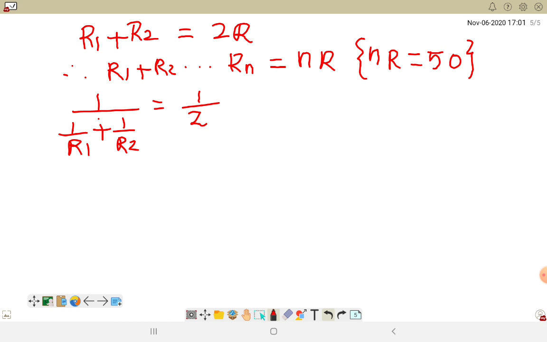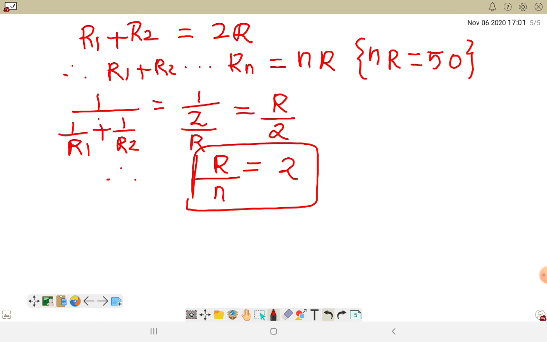So 1 by R plus 1 by R, that is 2 by R. That is equal to R by 2. Therefore, if N resistors are connected in parallel, the effective resistance is R by N. So that is equal to, the value given is 2.